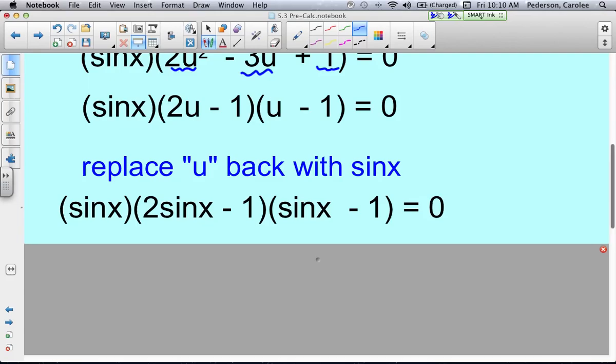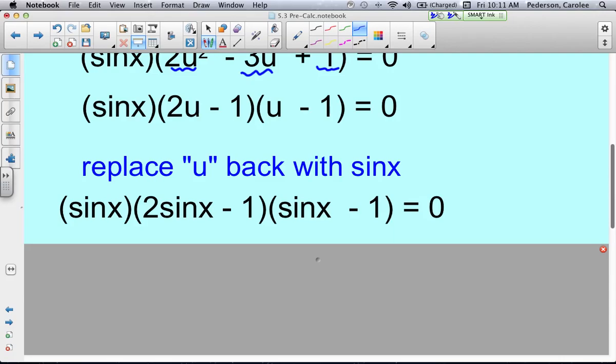Now we have three factors. The sine of x in front, which was your GCF, then your next two parentheses, which came from the trinomial. What do we do next to solve for x? Use the zero product property: set each factor equal to 0 and solve for x.